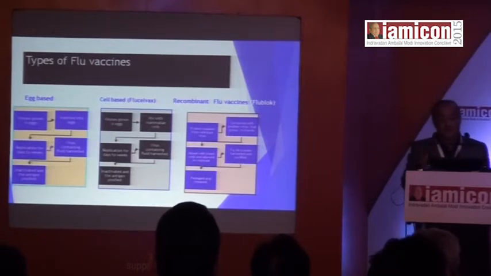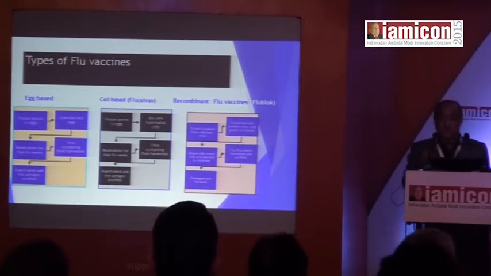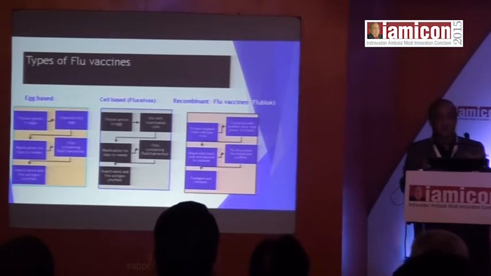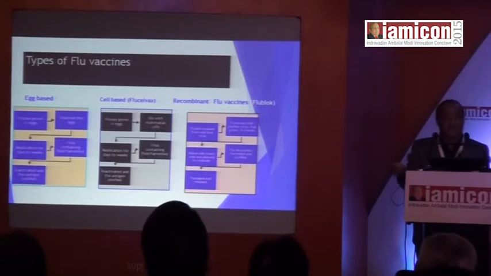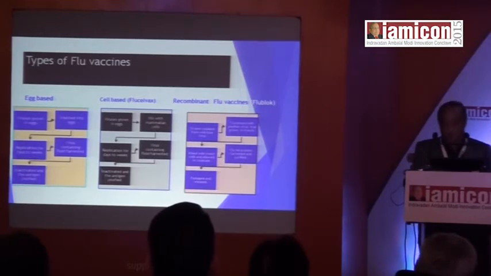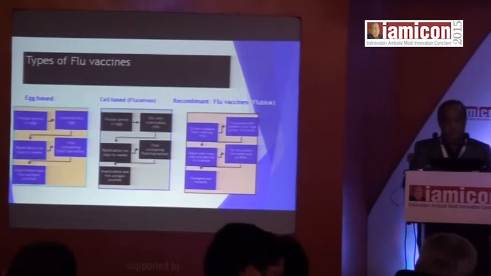We get proteins which are isolated from the commonly circulating or the wild type of the virus. It's combined with another virus which is generally non-pathogenic, like a baculovirus, that grows in insects. It's allowed to grow in insect cells, and then the flu HA protein is harvested and purified, packaged, and released.